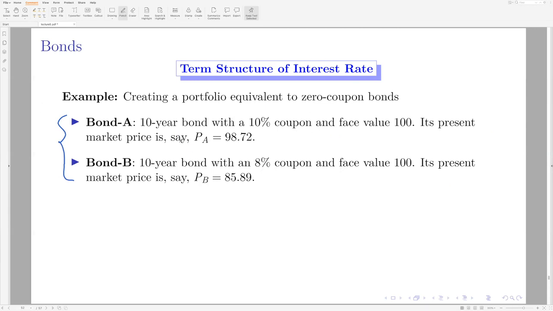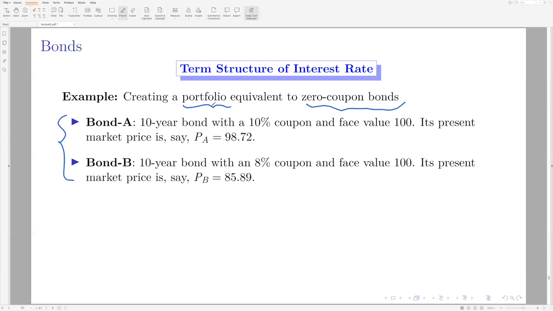With the help of these two bonds, I can make a portfolio which is equivalent to a zero coupon bond. How can I do that? Let us try to understand. Remember, portfolio means a collection of assets. If you say bond portfolio, it means a collection of one or more bonds together is called a bond portfolio.